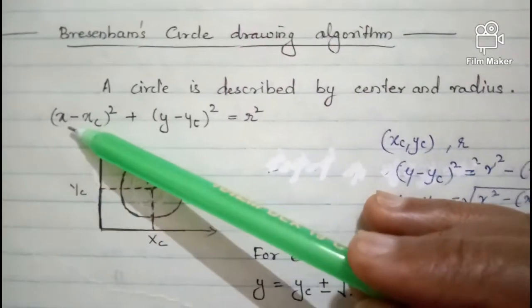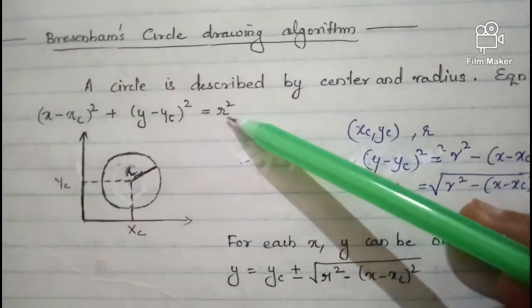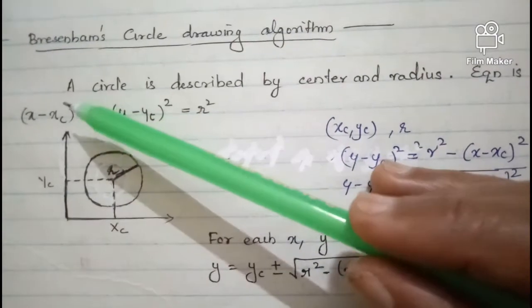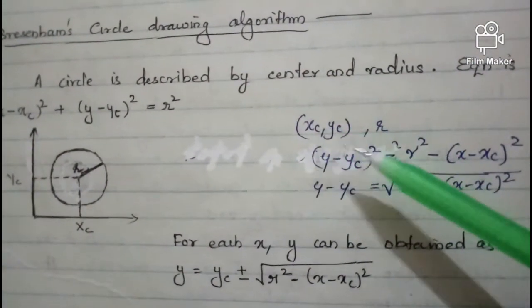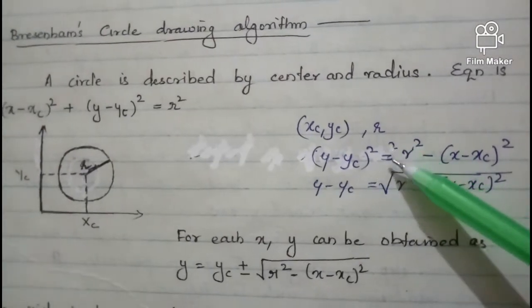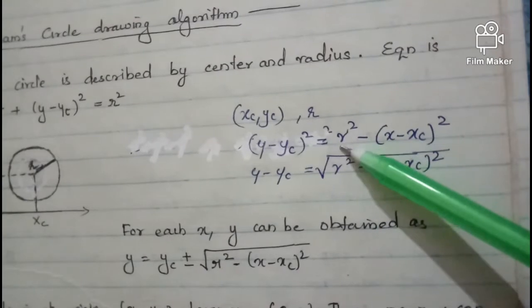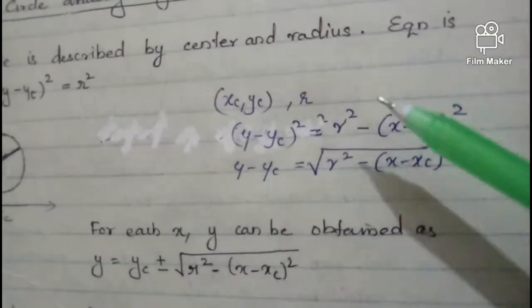So what is the equation? x minus xc the whole square plus y minus yc the whole square equal to r square. From this equation, I am going to take the x minus xc value to the right hand side. What will it become? y minus yc the whole square is equal to r square minus x minus xc the whole square.